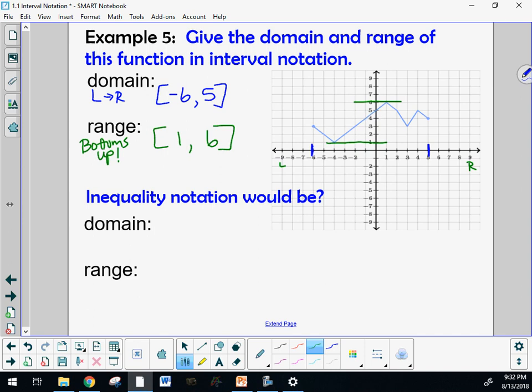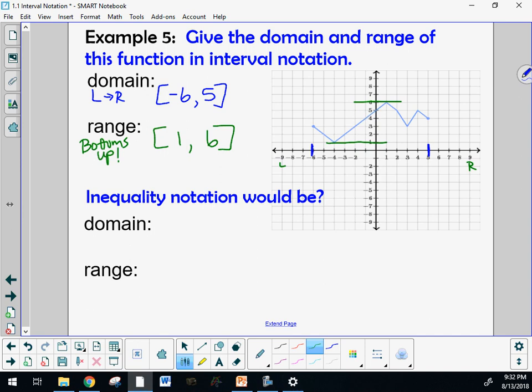Typically on a function like this, if it looks like it actually does get to that value, we make the assumption that it does. If we're studying a particular type of function family, we know the properties of that function, and that will help you be able to tell whether those end values are included or not. But I think on this one it probably does actually reach the value 1 and the value 6.